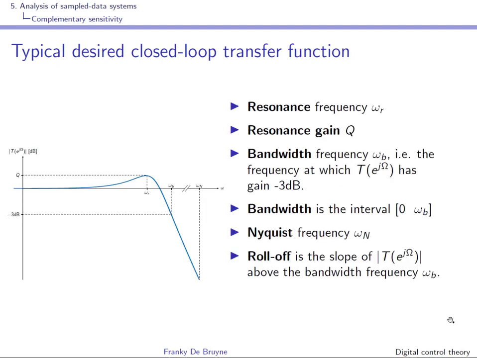In this desired closed loop transfer function, the complementary sensitivity function, the frequency at which you have the peak in the frequency response is the resonance frequency, and the associated gain is the resonance gain Q. The bandwidth frequency, omega B, B for bandwidth, is the frequency at which the gain of the complementary sensitivity is minus 3 dB, and what we call the bandwidth is the frequency interval from the 0 frequency to the bandwidth frequency.